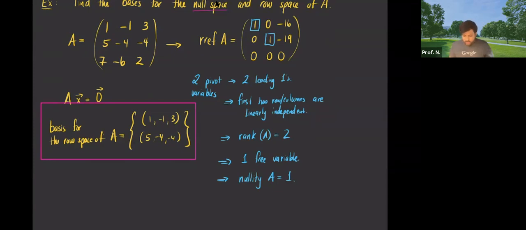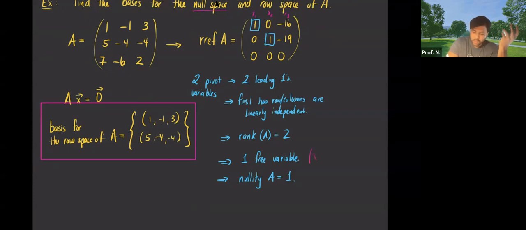Anybody that's with me? Right. So once we have the row reduced echelon form of A, and I know this is referring to x1, x2, x3, x1 and x2 are the pivot variables. x3 is the free variable.